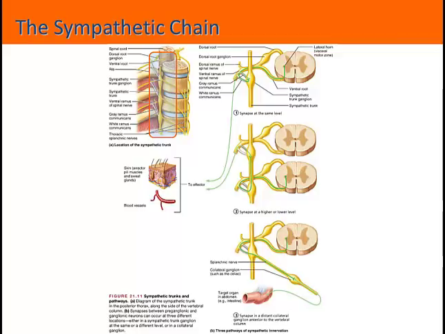Because this information travels both up and down the sympathetic chain, you get widespread innervation and a more global response from sympathetic activity. And so all of those tissues that are innervated by sympathetic activity receive the same information. It's a pretty unique arrangement, again, that ensures a more global response to sympathetic outflow.